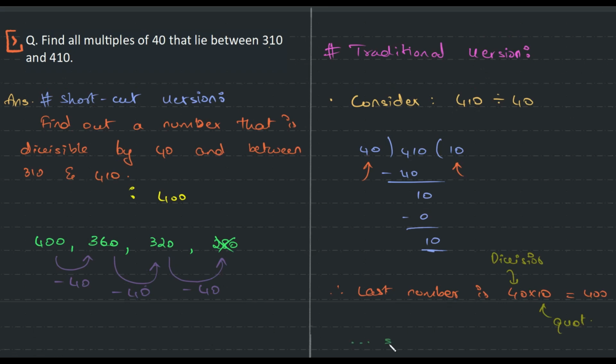Then after this, same process. So this is your traditional way wherein you think of the division, you show the division and then conclude. Here we are just telling that, I can divide 400 by 40 and that's one of the numbers.